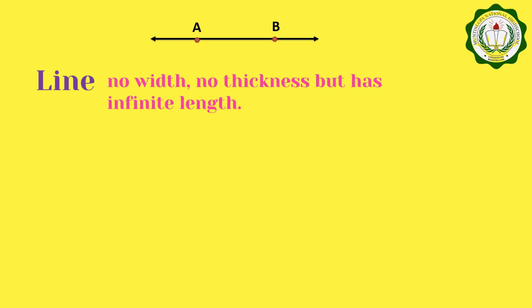Let us try connecting these 2 points, A and B, and put arrowheads. What do we have now? We have now a line. A line has no width, no thickness, but has infinite length.